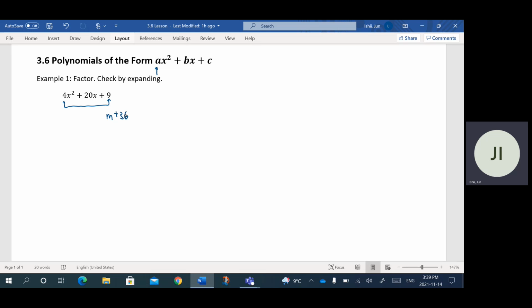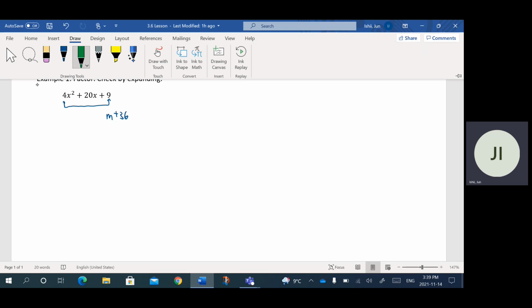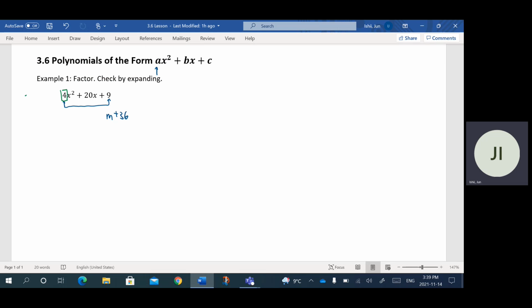The way that I got 36 here is that I took 4 and multiplied it with the plus 9 on the back. So basically, instead of finding two numbers that multiply to the constant term, we want two numbers that multiply to 4 times 9, which is 36.